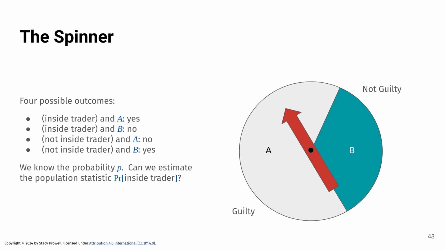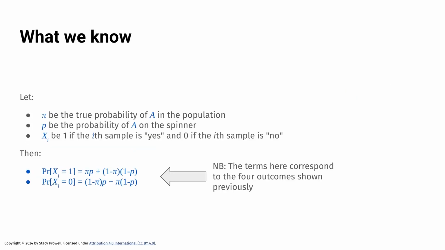The question is, can I use all this information to estimate the population statistic of the probability of being an inside trader? I'm not saying can I figure out if a particular person is, because I really can't, but can I figure out what the statistic for the population is? So let's do the math.